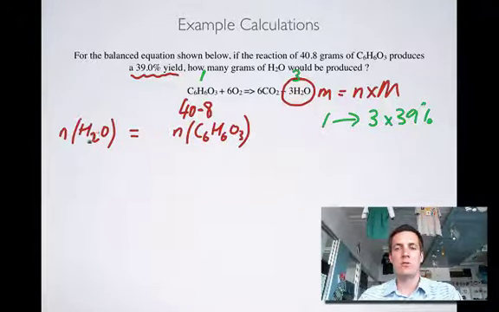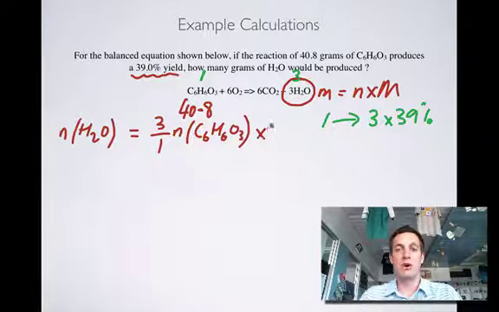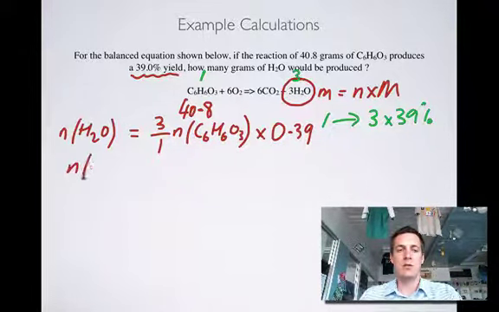Is the number of moles of water greater than that? Yes, so we put the 3 there and the 1 there. If we'd gone the other way up, the number of moles of water would have had to be less. But not only is it 3 times greater, it's going to be 39% of that number, so times 0.39.